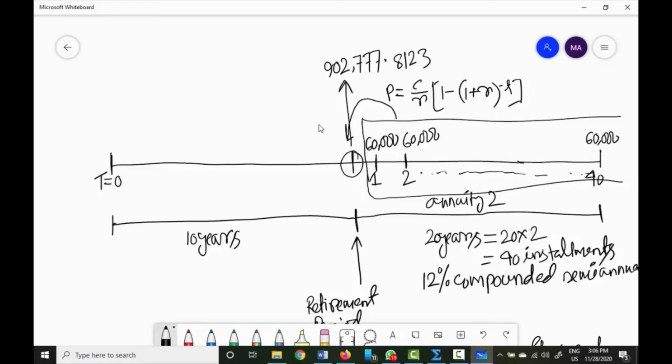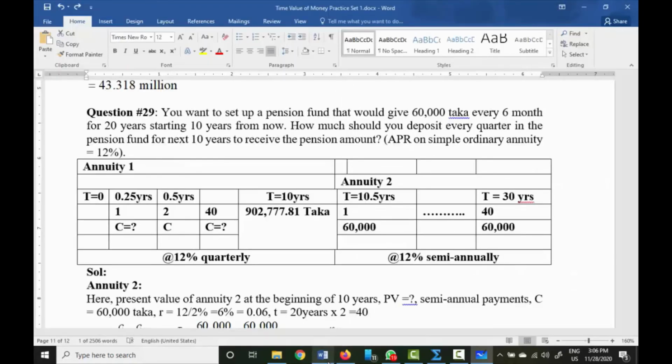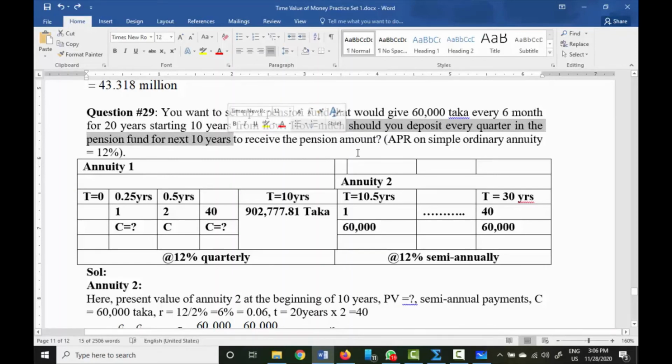Now the question is asking how much you should deposit every quarter in the pension fund for the next 10 years to receive the pension amount.